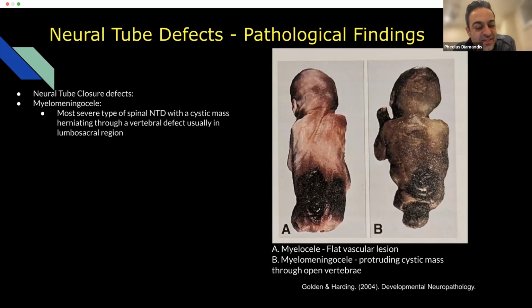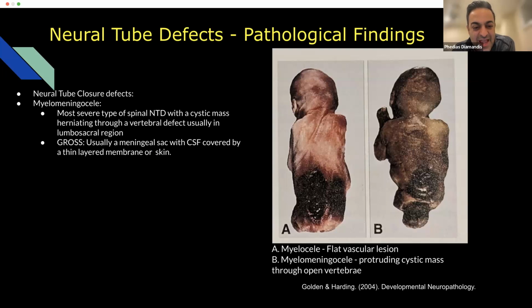So myelomeningocele is the most severe form of spinal neural tube defects, a cystic mass herniating through the vertebral defect that couldn't form because you couldn't have proper neural tube closure.